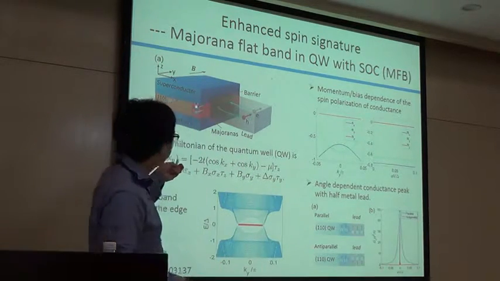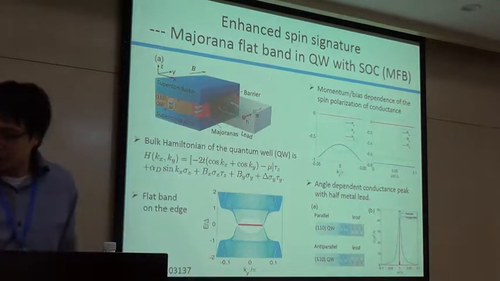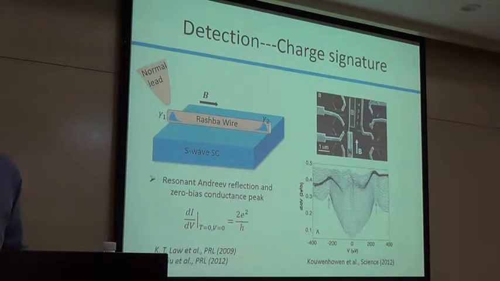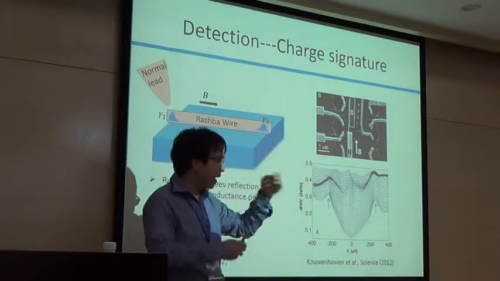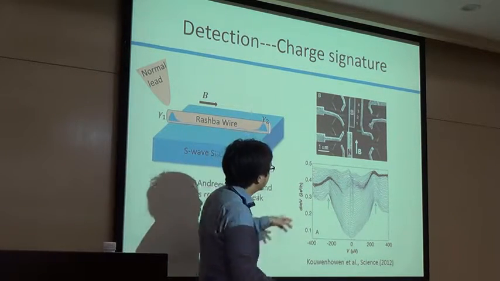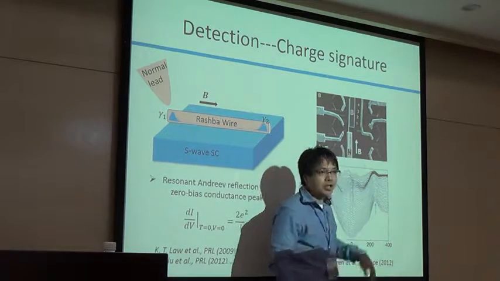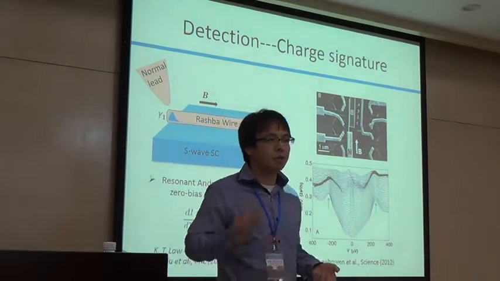So I can explain a bit here as well. As you know, if I have a single Majorana at zero energy, when I shoot electrons in, the conductance has a maximum value, the quantum conductance, 2e squared over h.